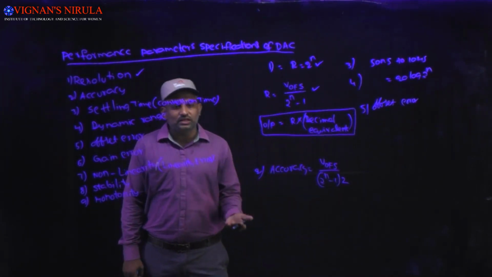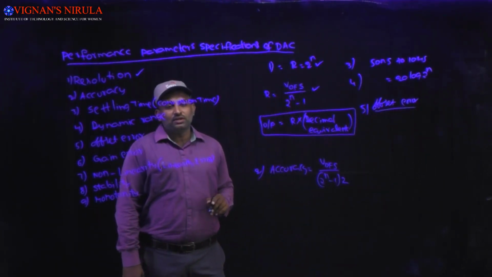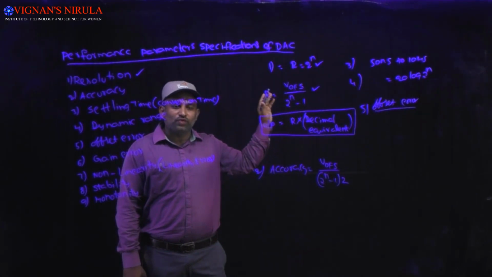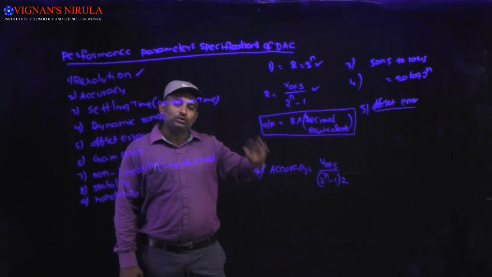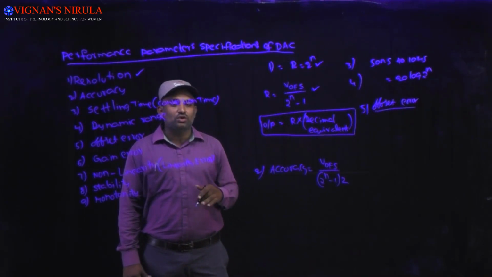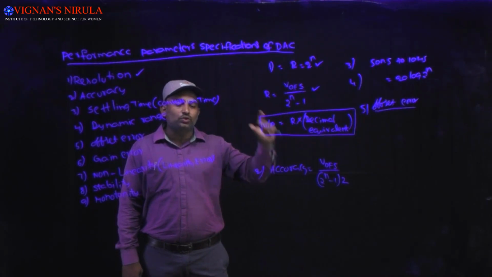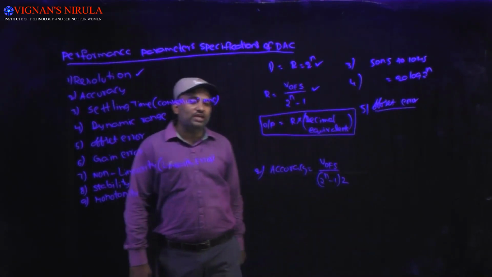Once again, the definition of offset error for the DAC: the non-zero output value for the current to voltage converter when both the inputs are 0, and a constant output value will be added to all the output voltages.